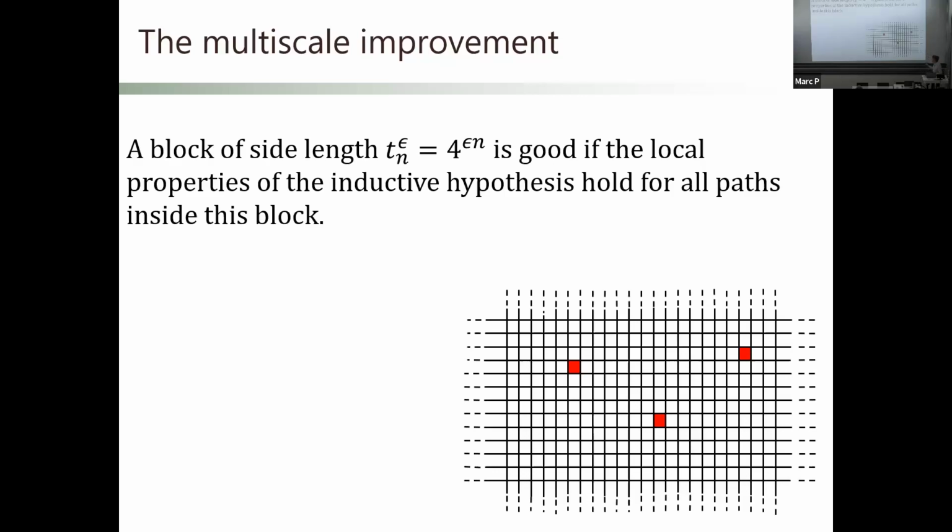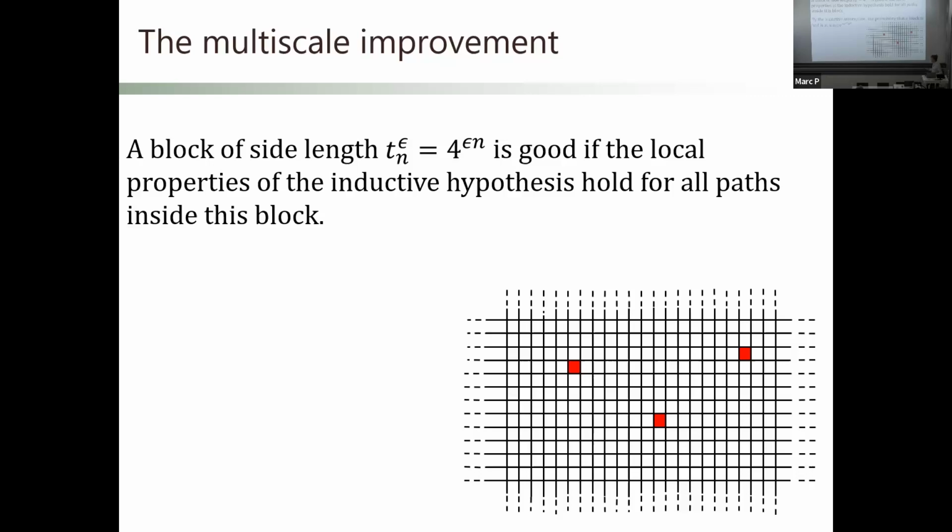So let's split the grid up into blocks now of length T_n to the epsilon. And we'll say a block is bad, marked in red, if essentially the events in the inductive hypotheses don't work in that case. So maybe paths don't have lots of relaxed points on them, or they don't look like Brownian motion.